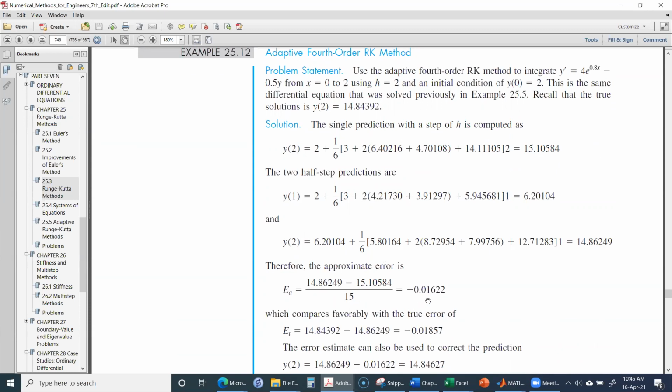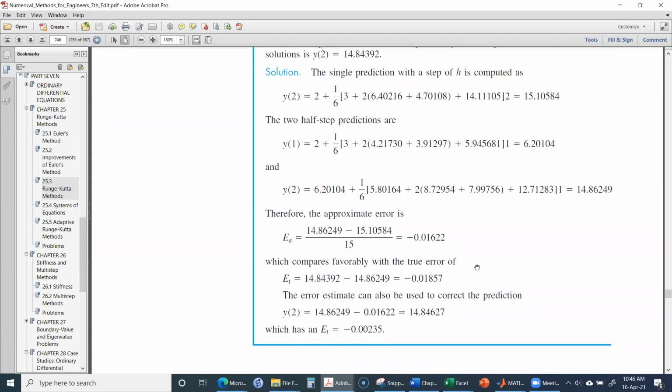Then we get minus 0.01622. This is the estimate of the error in y2. Then we can add this estimate of the error to y2, so it will be 14.86249 plus minus 0.01622, and we get a value of 14.84627.